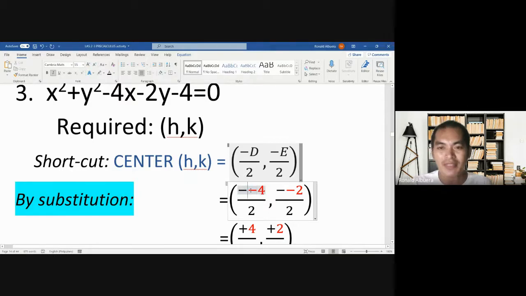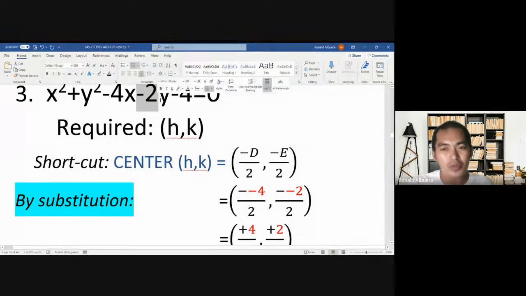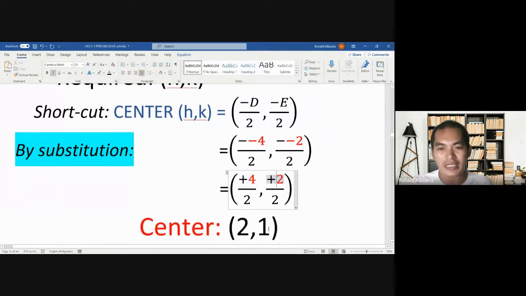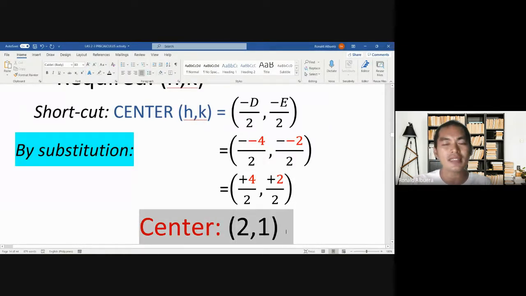Negative times negative is positive 4. And then for E, we have negative 2, but the sign in the formula is negative. Negative of negative 2, negative times negative, is positive 2. Then 4 divided by 2 is 2, and 2 over 2 is 1. And our center of the circle has a coordinate of (2, 1).